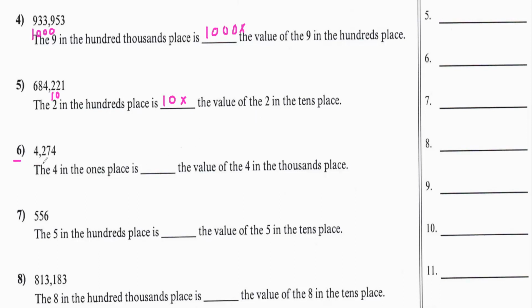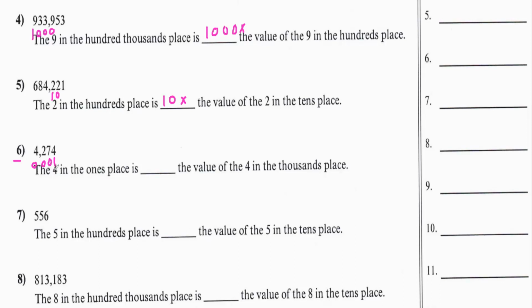Then number 6, 4,274. The 4 in the ones place is what times the value of the 4 in the thousands place? So write 1 under the 4 in the ones place, and for the 4 in the thousands place, fill up all other digits with 0, that means 1 and 3 zeros.